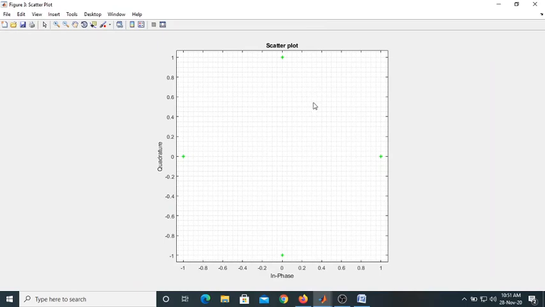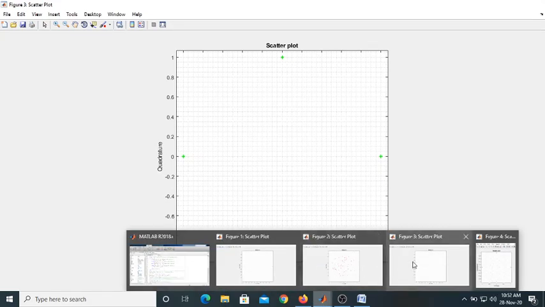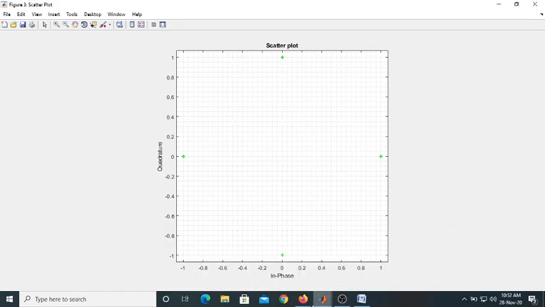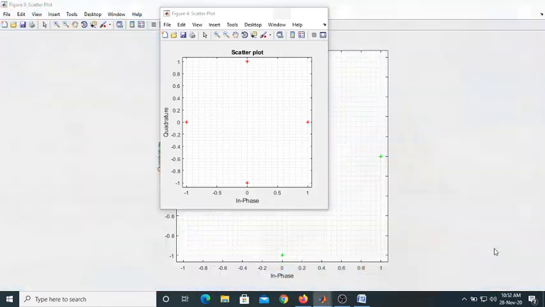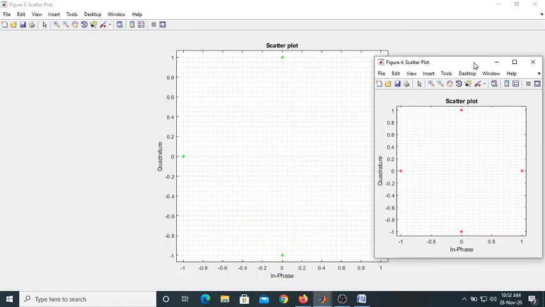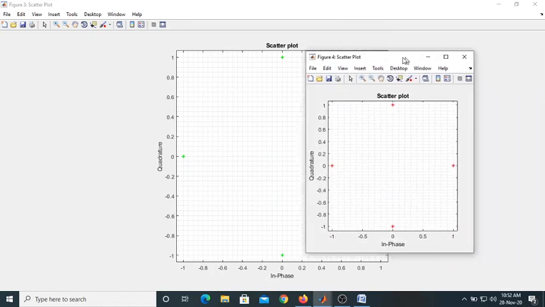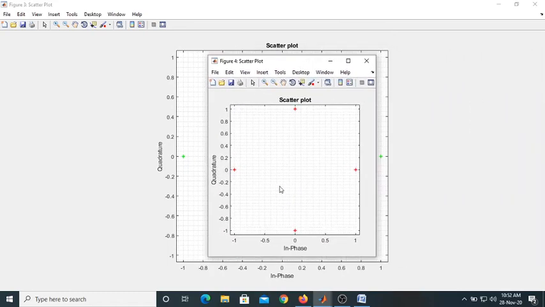Noise is almost negligible. This is the transmitted side constellation, and this is the receiver side constellation. They are almost the same, which means there is no noise.